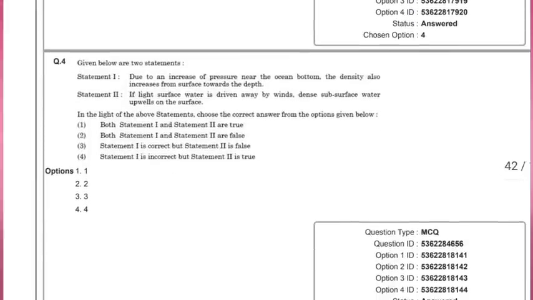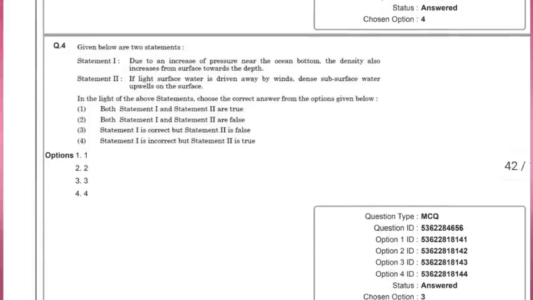And the next question. Given below are two statements. Statement 1: Due to the increase of pressure near the ocean bottom, the density also increases from surface toward the depth. Statement 2: If the light surface water is driven away by winds, dense water upwells to the surface.